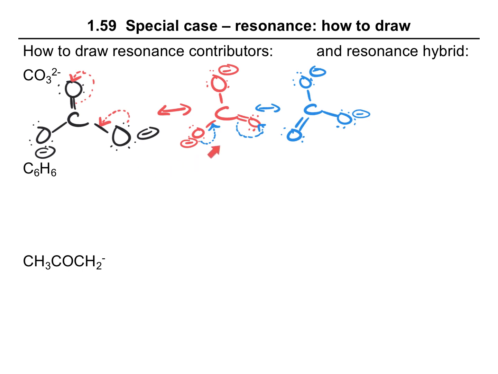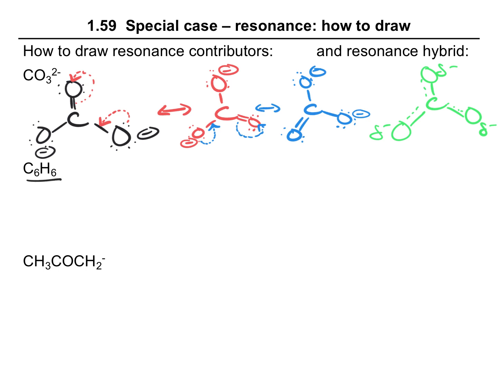So we have drawn our three contributors, where the double bond is up, the double bond is to the right, or the double bond is to the left. Now, to draw the hybrid, we're going to take the average of all three of these. So the resonance hybrid just looks like this: partial minus, and partial minus.